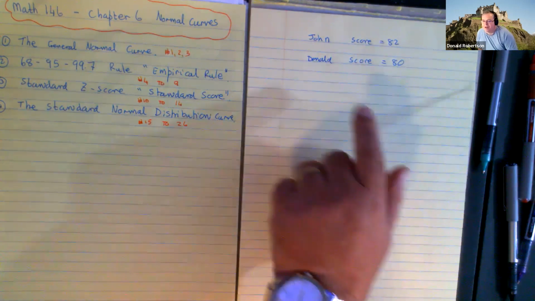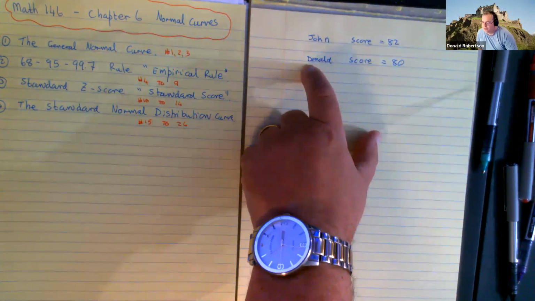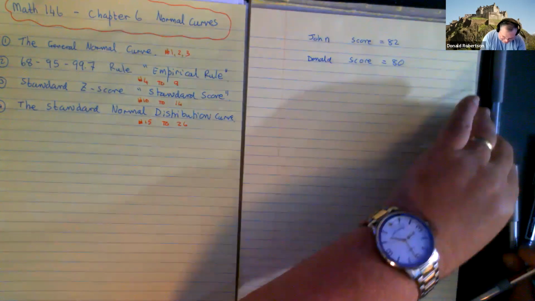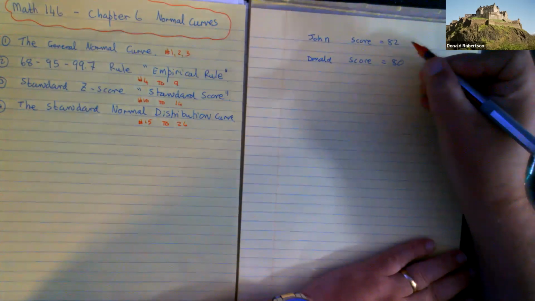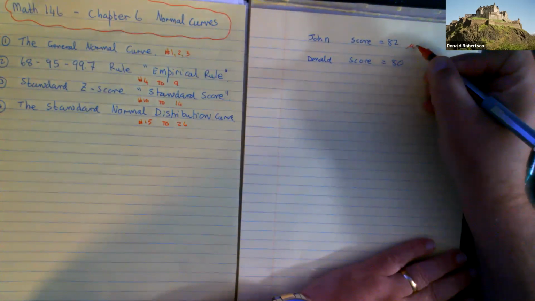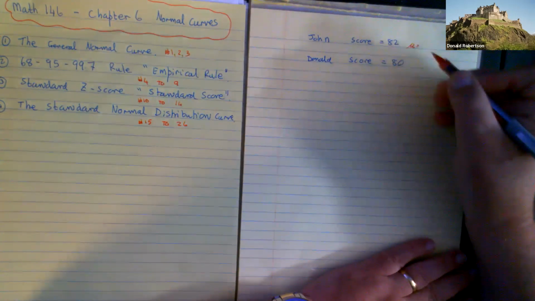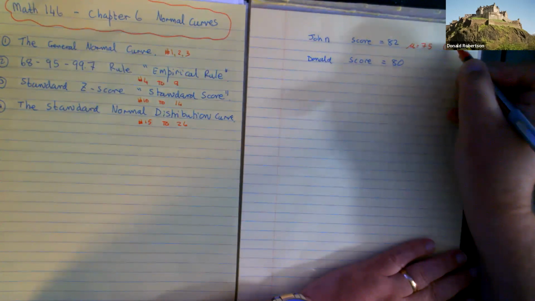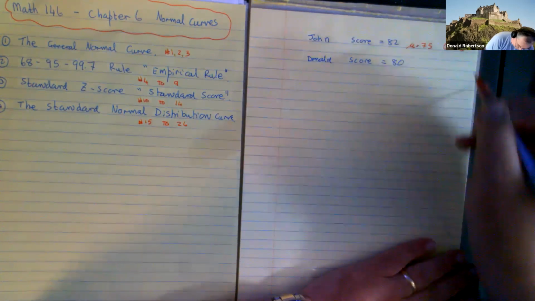But you've got to remember the background. He was in a different math class when he got his test. So after a little bit of discovery, we found out that the mean of people in his class was 75 and the standard deviation of everybody was 5.